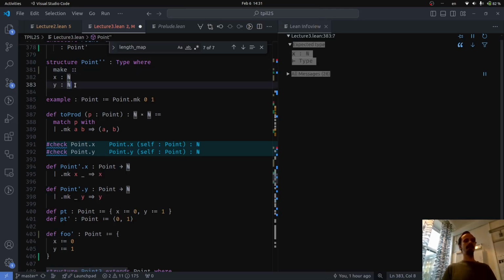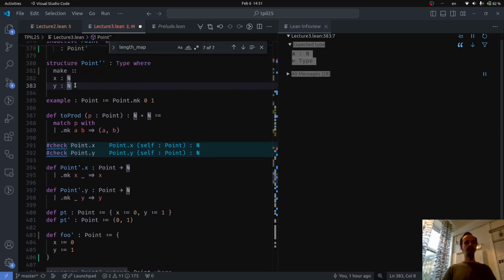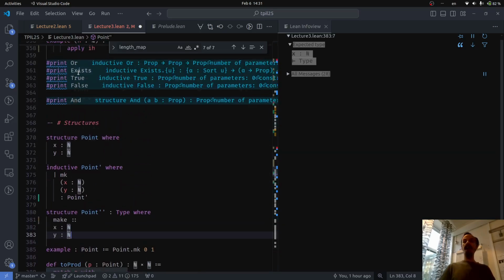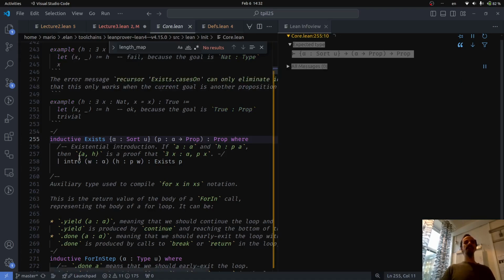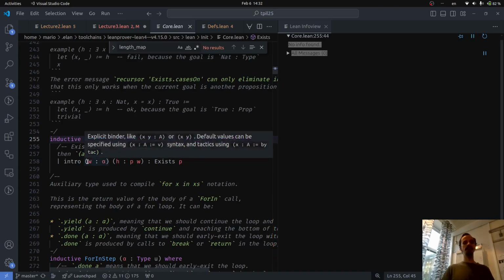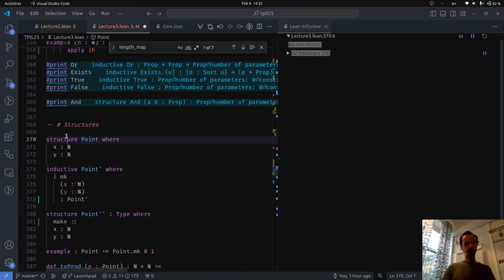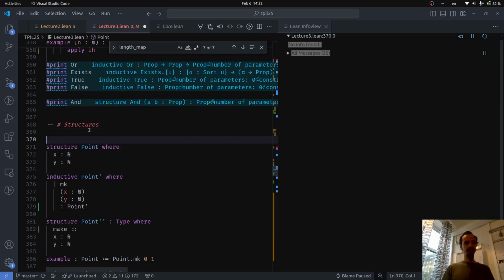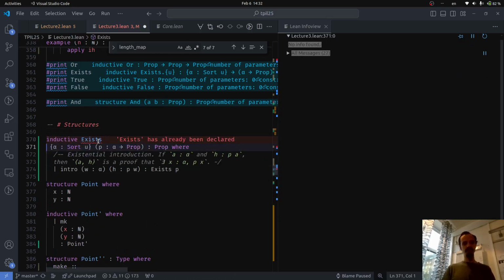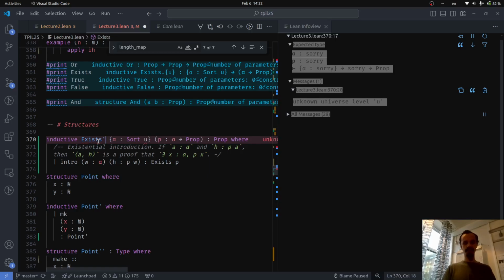Why is exists not defined as a struct? It also has only one constructor. Because even though it is a one constructor, it is also a prop. And so one of the things, actually, maybe we can just test it. So let's say that we wanted to make exists like that.